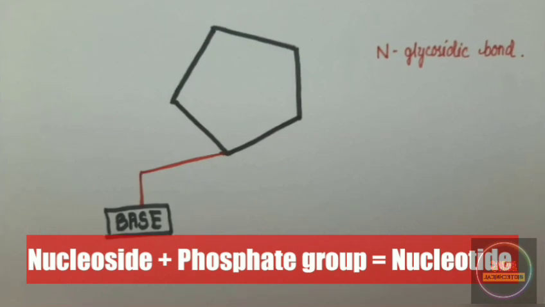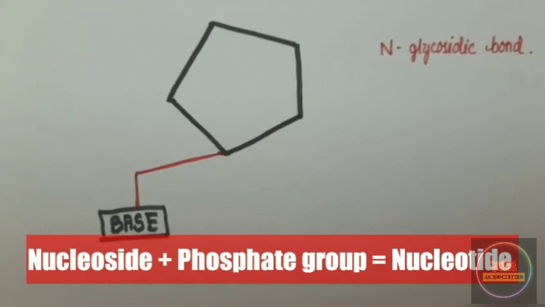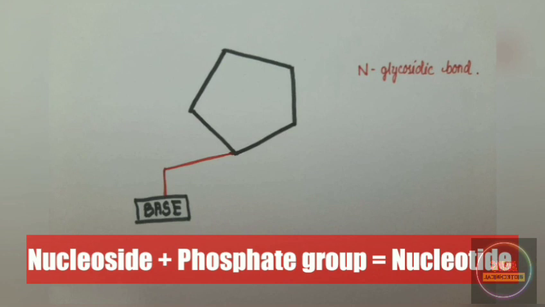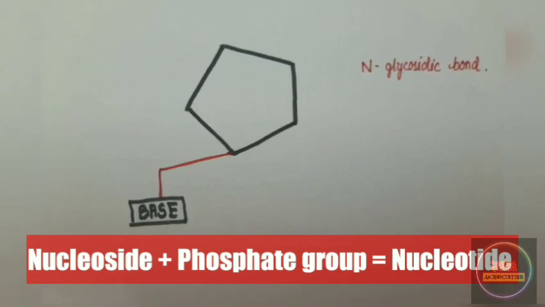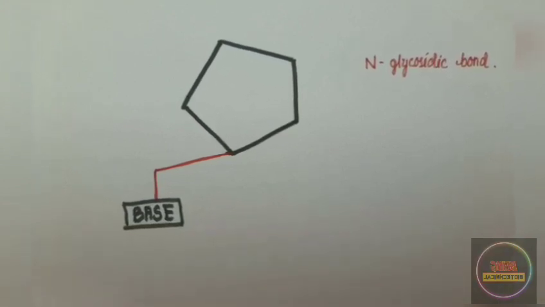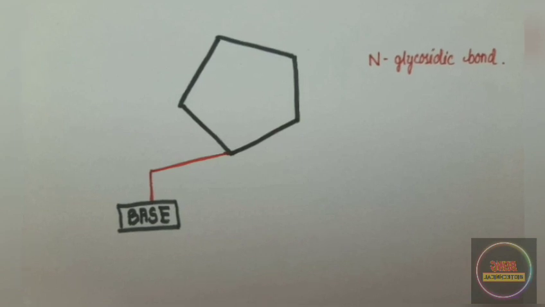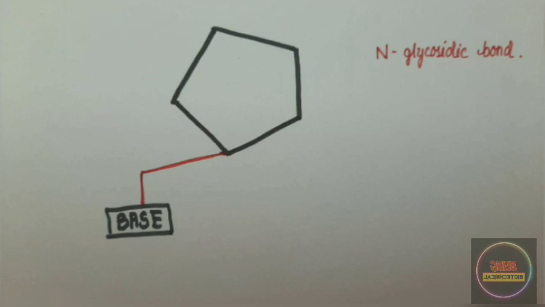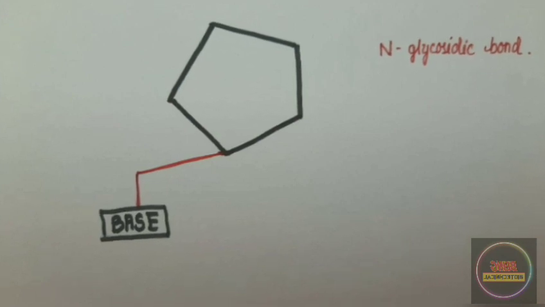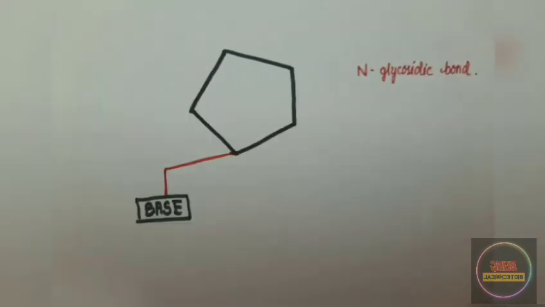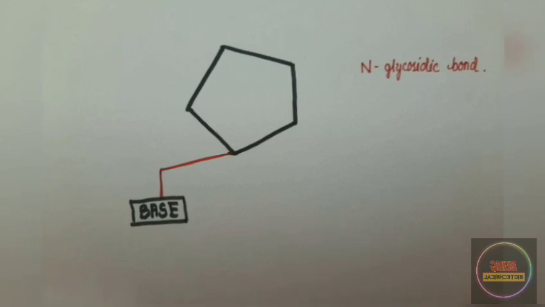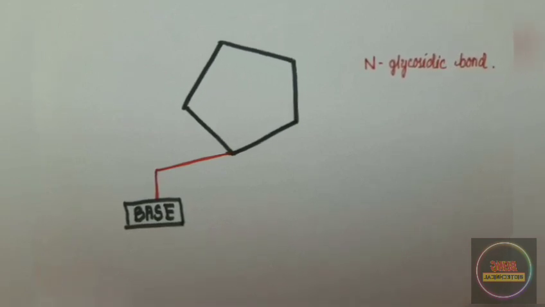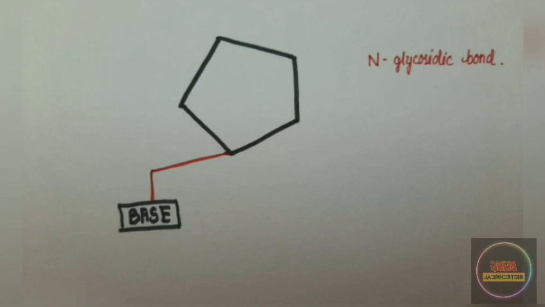But when this nucleoside is attached to the phosphate group, then the whole structure would be known as a nucleotide. So remember, nitrogenous base plus pentose sugar is equal to nucleoside, and nitrogenous base plus pentose sugar plus phosphate group is equal to nucleotide.